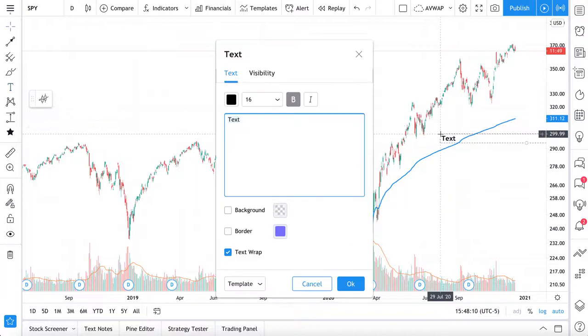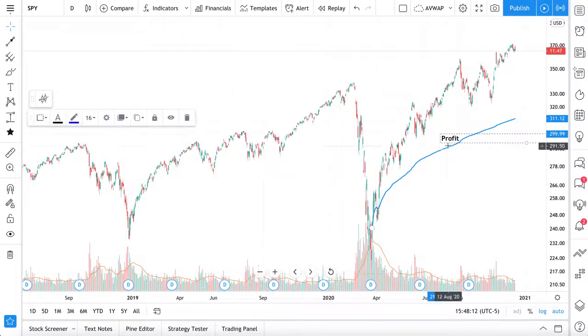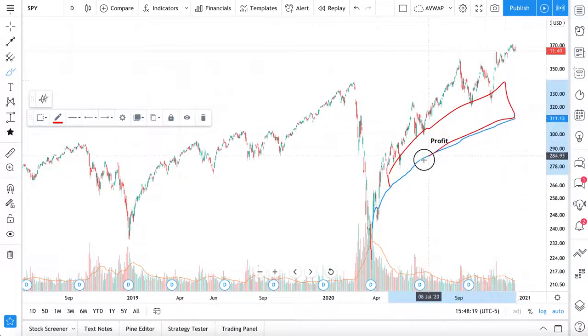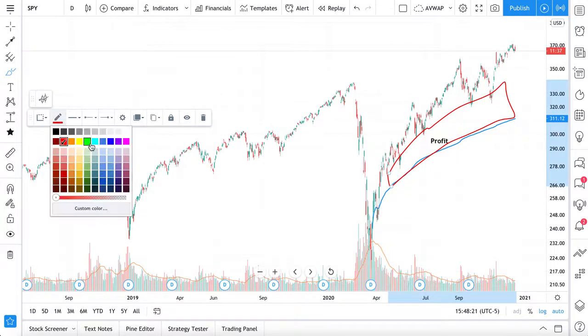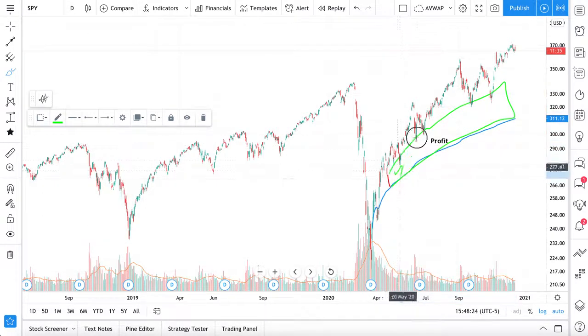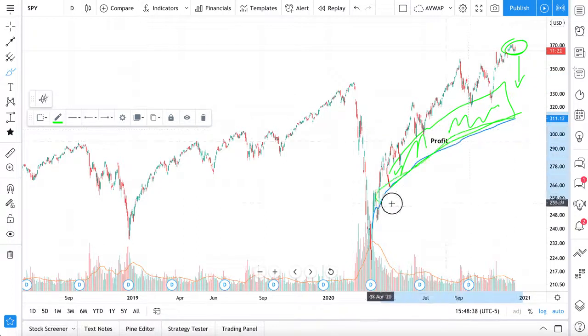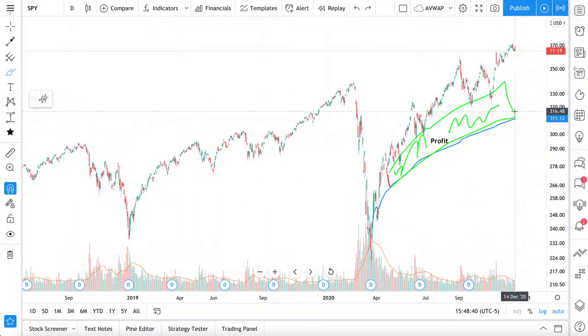So this area is actually technically profit, and that means that long-term holders in this zone are doing really well for themselves. And not only are they doing really well for themselves, they also have quite a bit of wiggle room as the S&P 500 climbs higher. Quite a bit of wiggle room to take another drawdown and still be in the money, because this is your anchored volume weighted average price. So that's another really important way to use this tool.